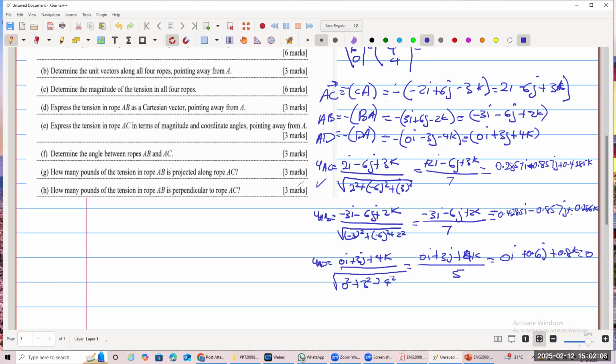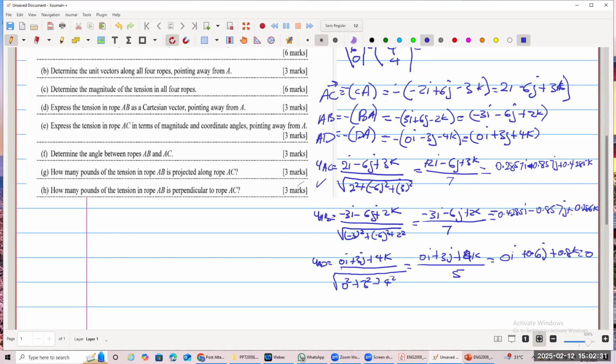So now we can write our equations. The first part just asked us to find the unit vectors away from A. So all those unit vectors are away from A. Now we can write the forces. Part C says determine the magnitude of the tension of all cables.